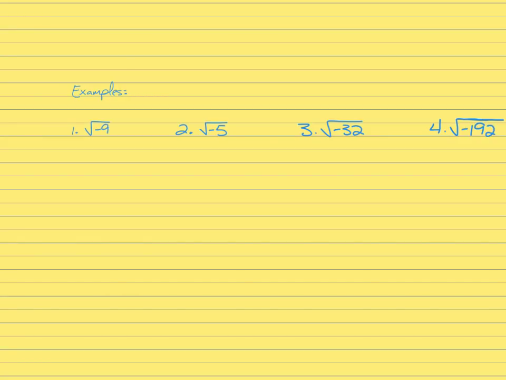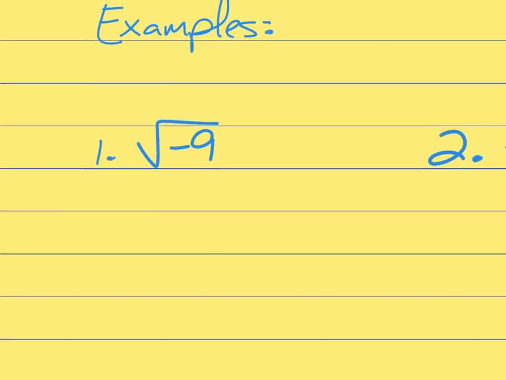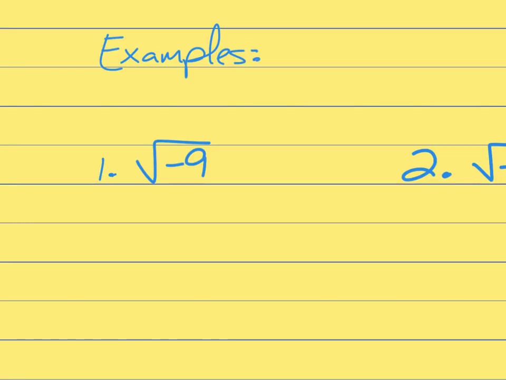Okay, so we've got a few examples, and I'm going to zoom in here just so I can focus on number 1, but we've got the square root of negative 9. So if I were to take this and break this up into the square root of negative 1 times the square root of 9, hold on a second, times 9, sorry, that's exactly what negative 9 is, right?